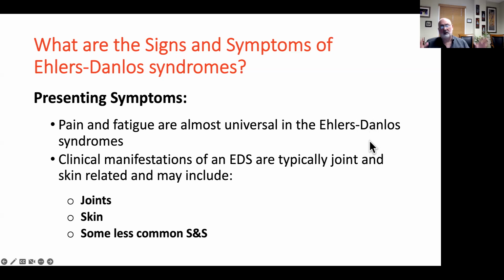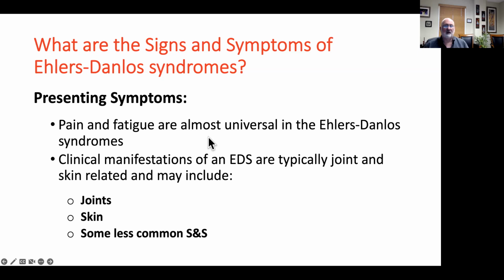You can be anywhere in that spectrum and still have it. There are plenty of people who are hypermobile who don't have any symptoms. And one of the worst types of EDS, a lot of times people who have that aren't hypermobile at all, especially with vascular EDS. So everybody's different. The spectrum of EDS is vast.